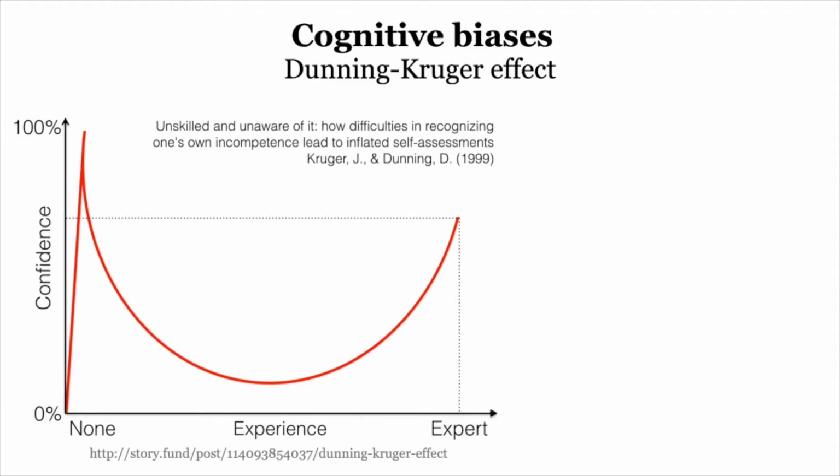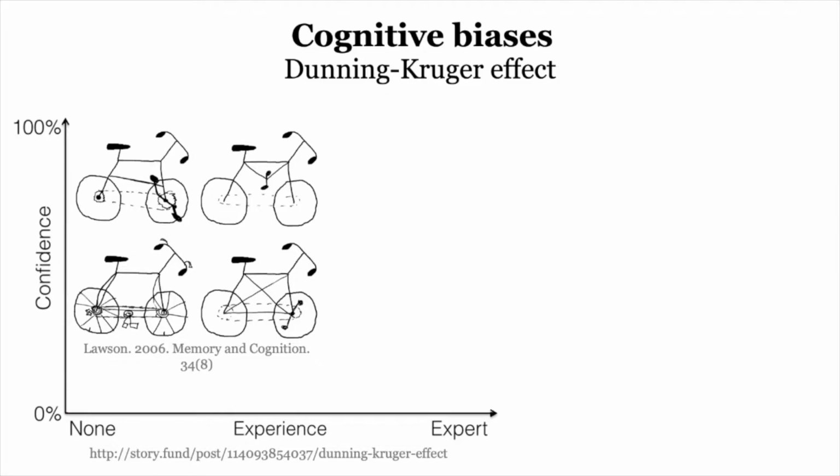But if they're asked to draw a picture of a bicycle, they generally can't. These are just ordinary citizens who claim to have high bicycle knowledge. They knew about bicycles, but they couldn't really draw a functioning bicycle.